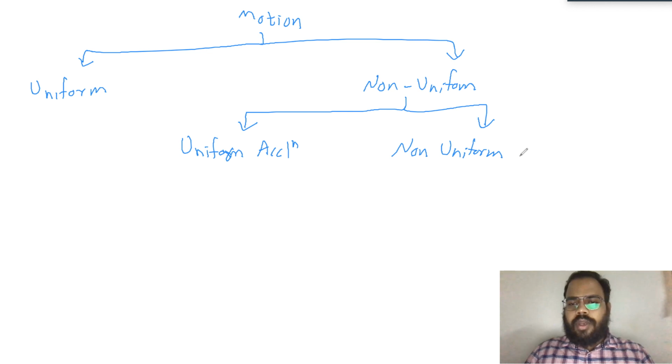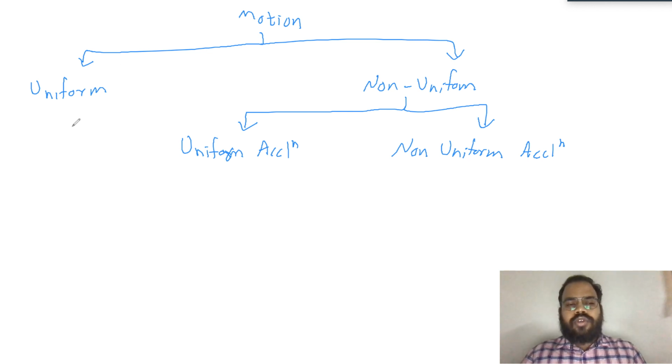Before proceeding to any sums, you have to identify which type of motion it is. So let's differentiate the 3 types. In uniform motion, since the object is moving uniformly, your acceleration will be 0. This is a great identification for uniform motion: if acceleration is 0, it is uniform motion and velocity is constant.